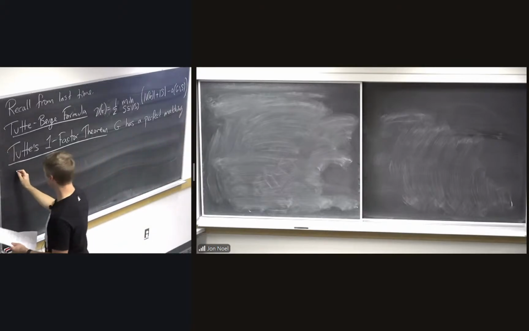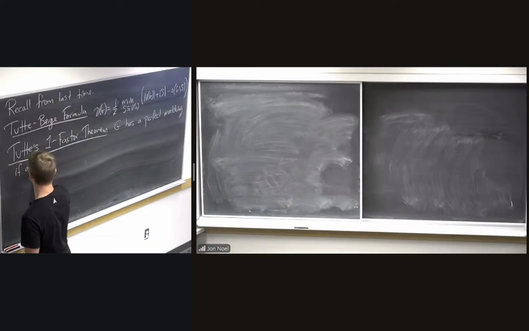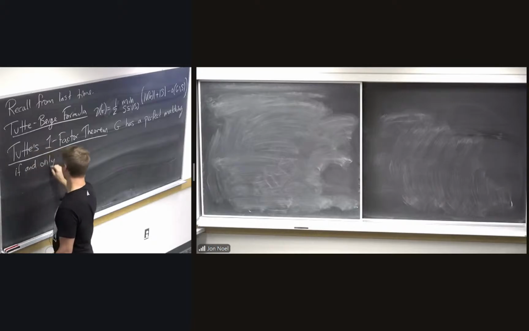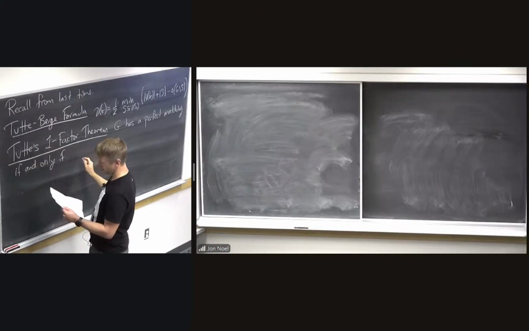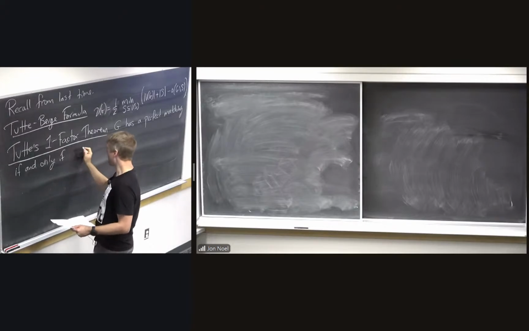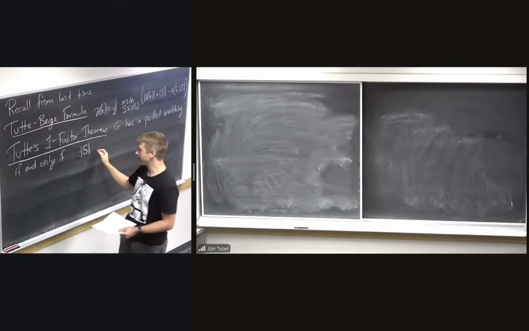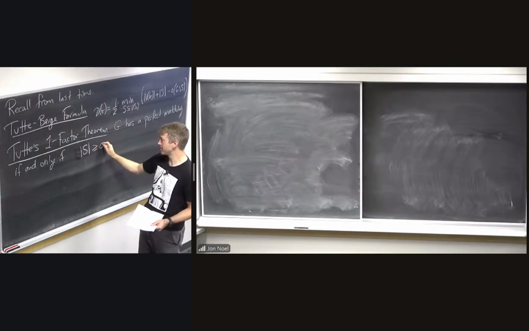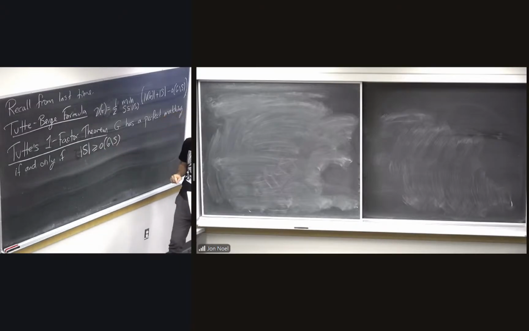if and only if the cardinality of S, where S is some set of vertices, is bigger than or equal to the number of odd components of G minus S, for every set of vertices of the graph.